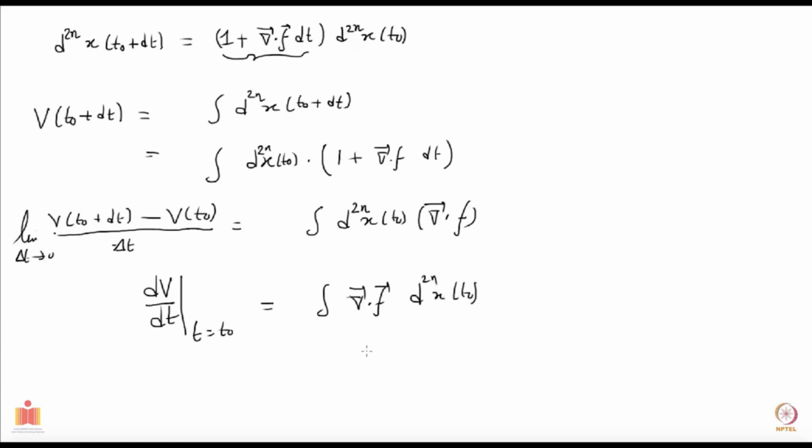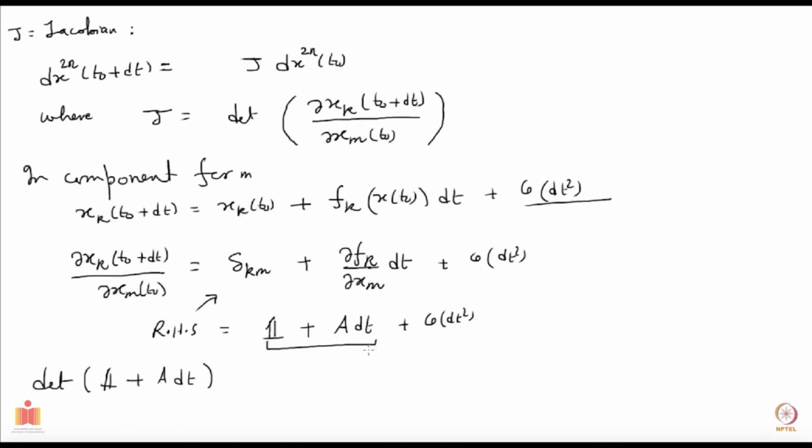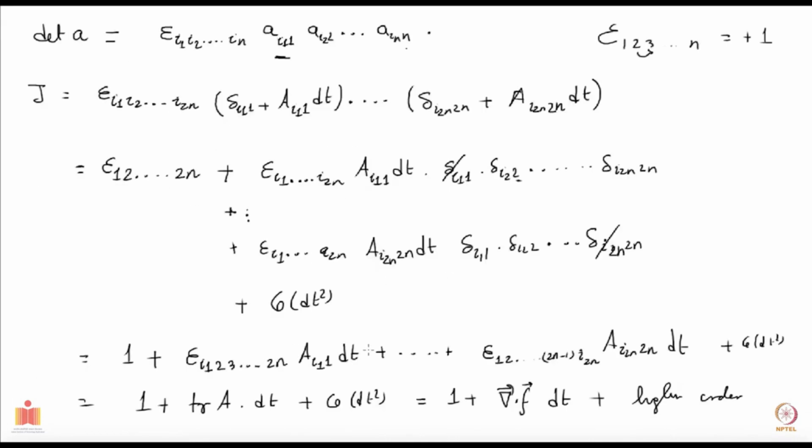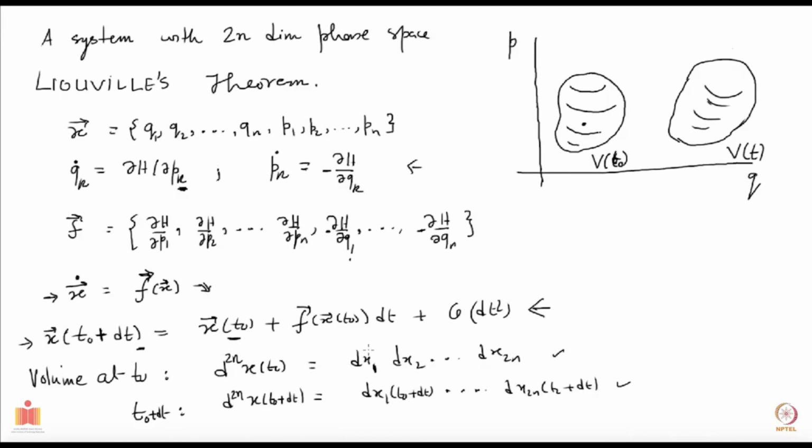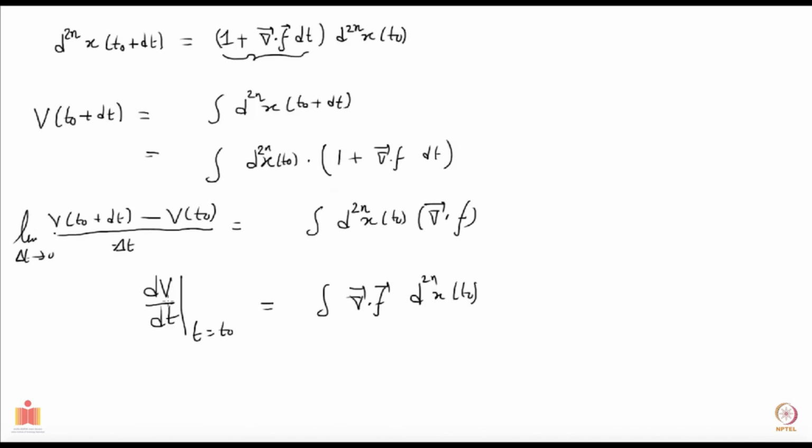Okay, now if it so happens that the f, which you defined here on the right hand side of your differential equation, is divergence-less, so let's say I assume that the divergence of f is equal to 0.